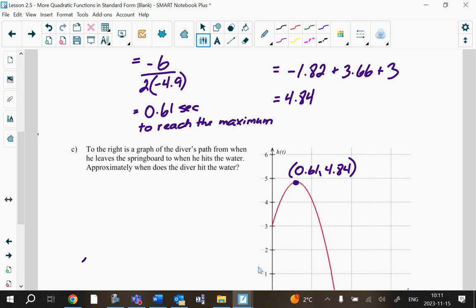The y vertex in this problem is height. So what does this represent? In this problem, the maximum height you reach. So 4.84 meters is the maximum height reached.